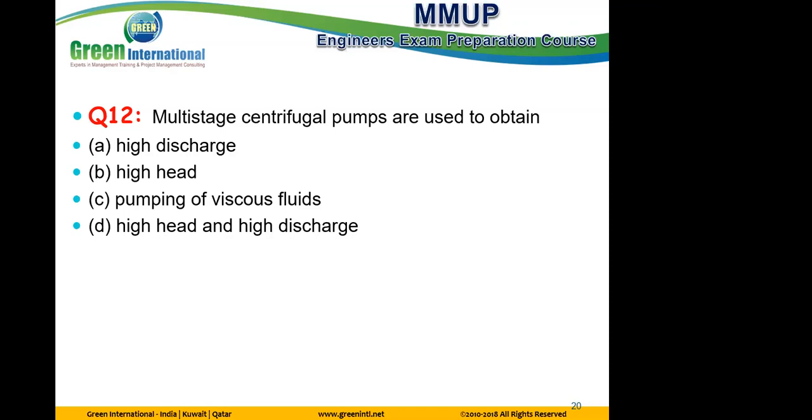B, high head and high discharge. Only high head would be a multistage centrifugal pump. The head is low in a centrifugal pump. Actually it's high discharge, and by the continuity equation there is no change in discharge. But what we obtain is high head.